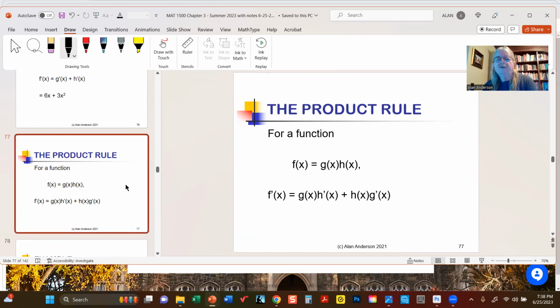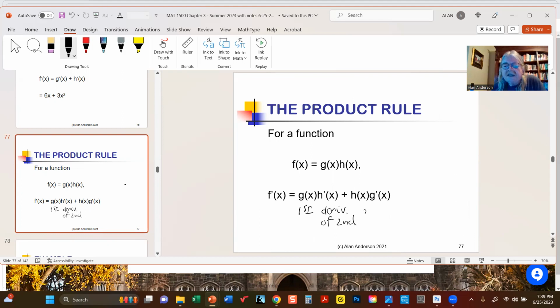And so here's how it works. Again, we're assuming that f of x is the product of two other functions. The derivative is, think of this as the first function, and then this derivative of the second.